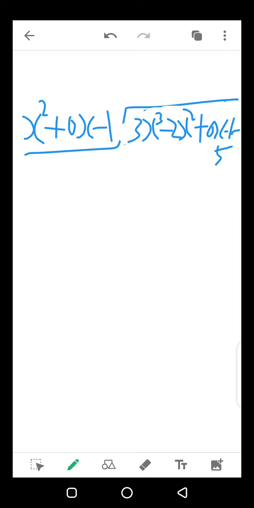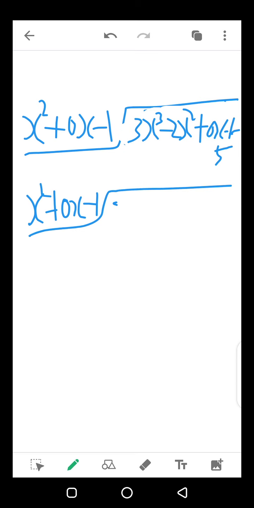So let me have x squared plus 0x minus 1, then 3x raised to power 3 minus 2x raised to power 2 plus 0x plus 5.